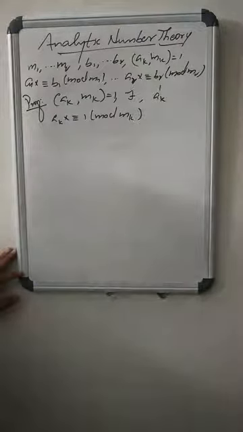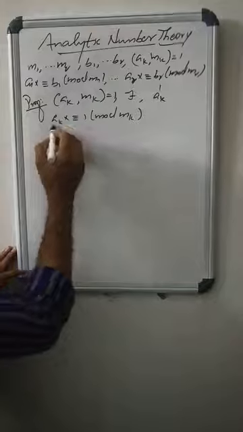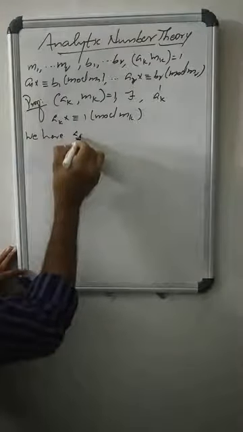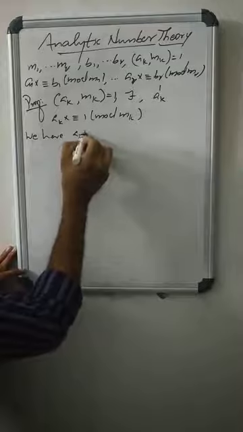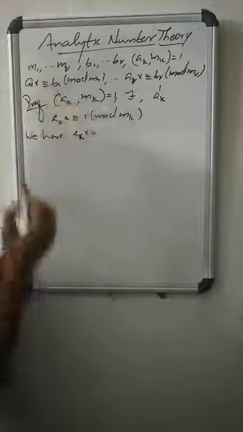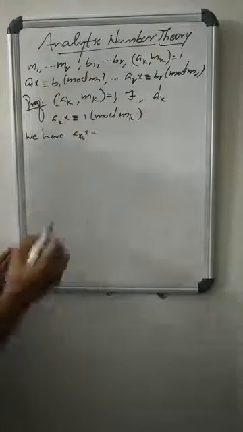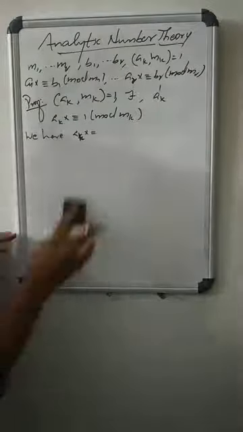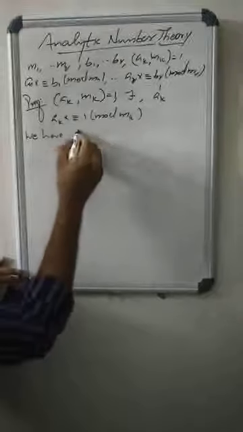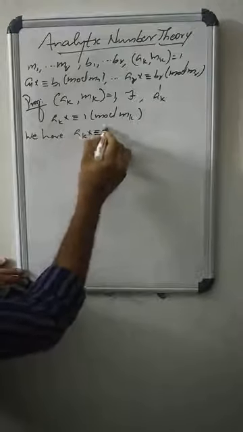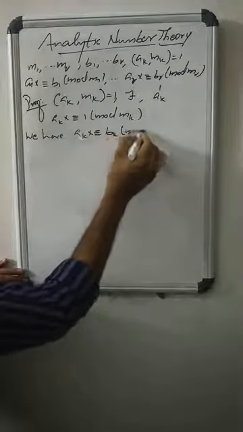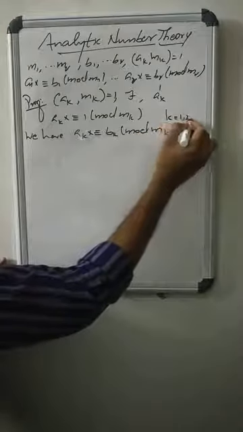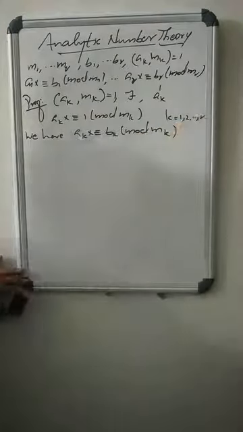That means, from a1x ≡ b1 mod m1 etc., we have akx ≡ bk mod mk, which is already given, where k equals 1, 2, etc. up to r.